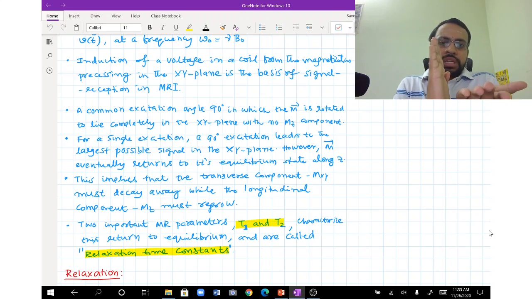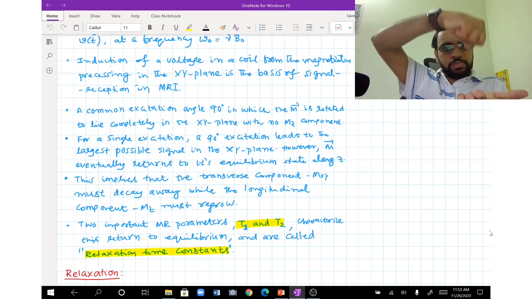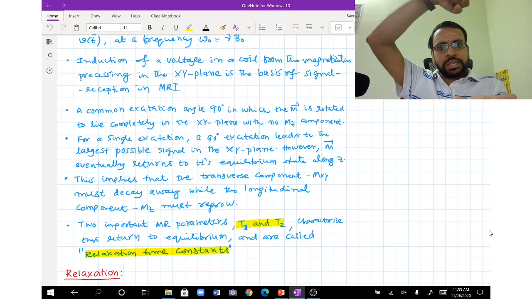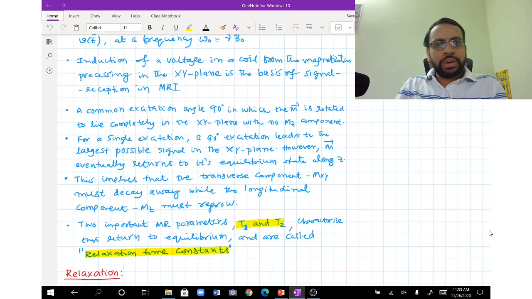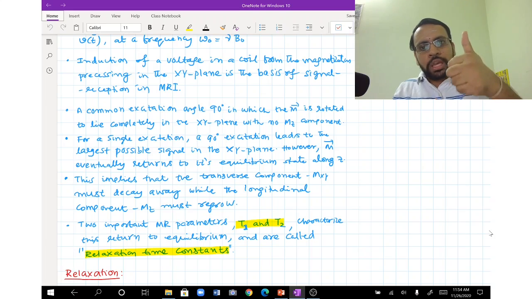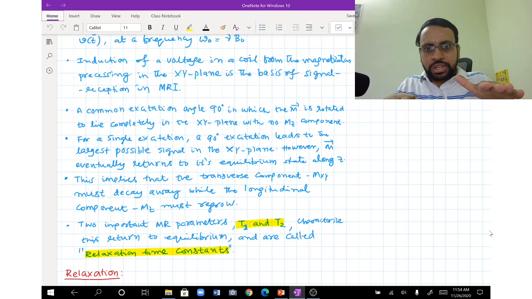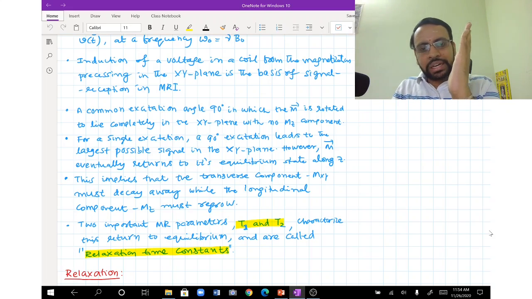Only now there is this external high magnetic field that you are applying in the z direction. You could think of it as a force that is trying to pull it up. What is of our interest is to study the contributions of the projection of this M bar vector on the xy plane. How is it going to change?